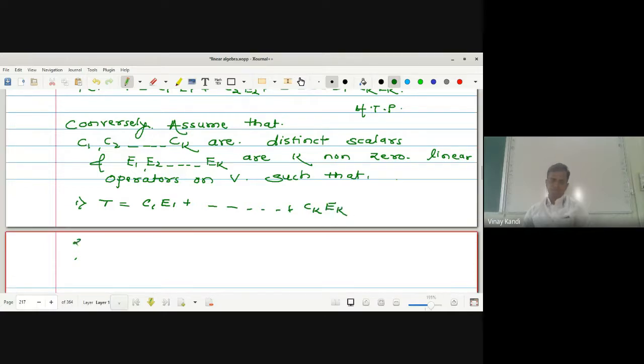Second condition: I is equal to E1 plus E2 plus up to so on Ek. And what is the third one? Ei into Ej is equal to 0 where i is not equal to j.